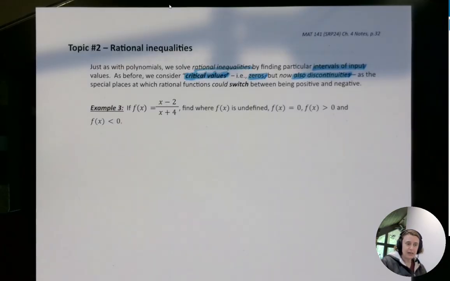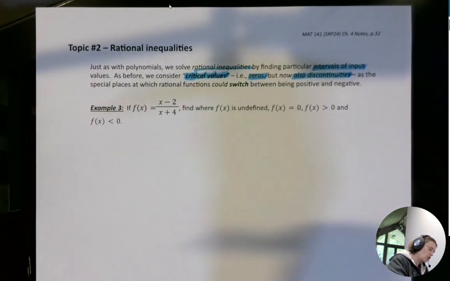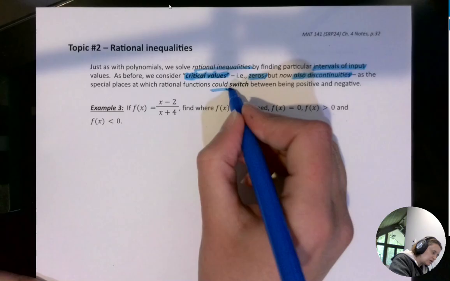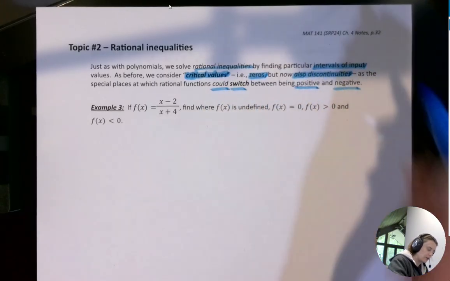Not just places where the function's equal to 0, but also places where we're not continuous. That's going to be either our point discontinuities or our vertical asymptotes. Those are special places where the graph of the function could switch between being positive or negative.